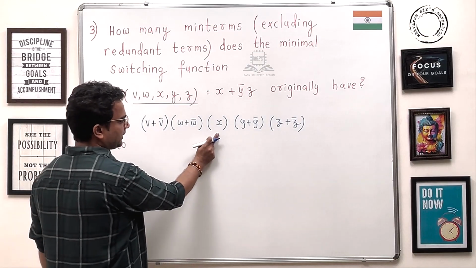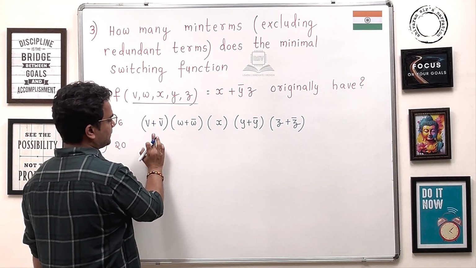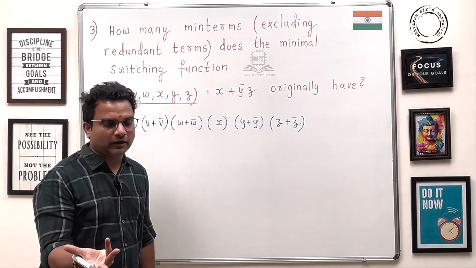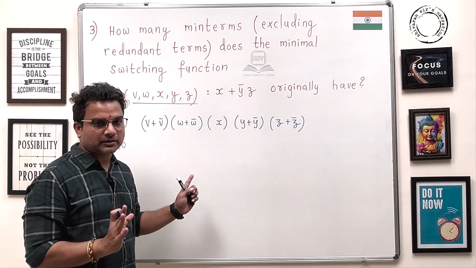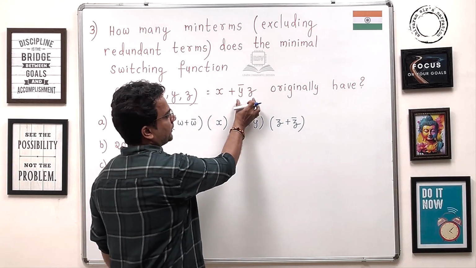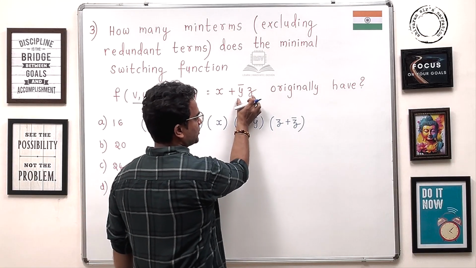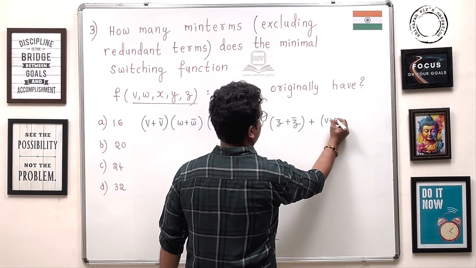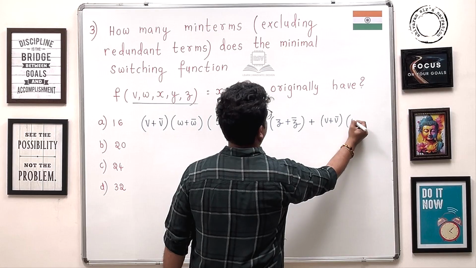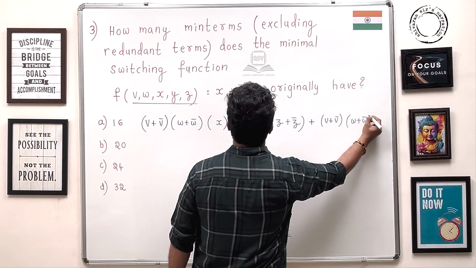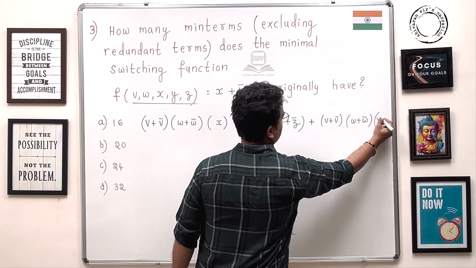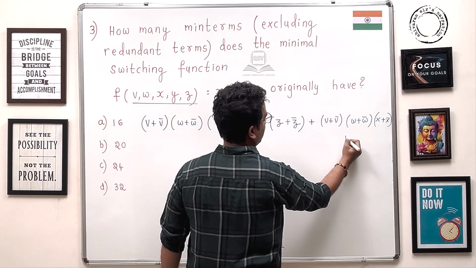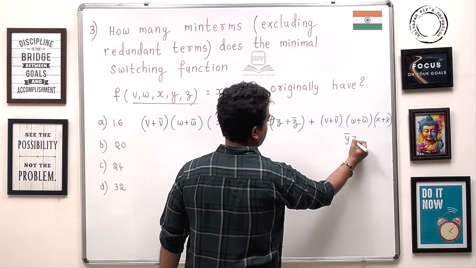Here x is there, and for the remaining terms you are assuming v plus v bar, because v plus v bar is 1 only, nothing has changed. Similarly, even for this second min term, you can rewrite it as v plus v bar, w plus w bar, x plus x bar into y bar z.